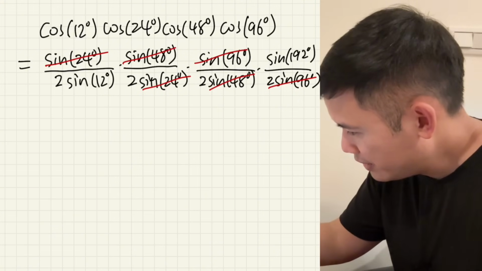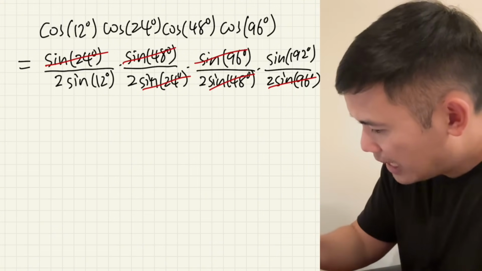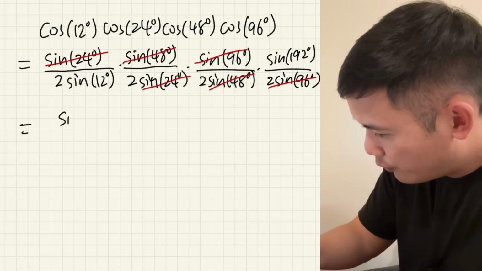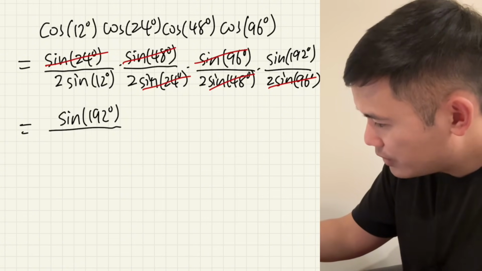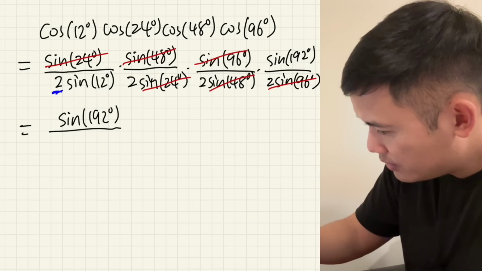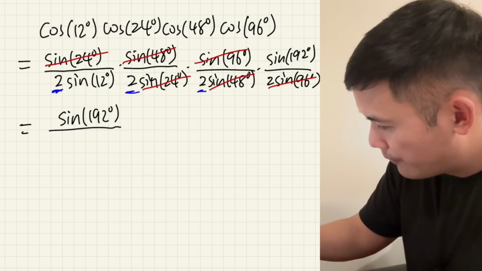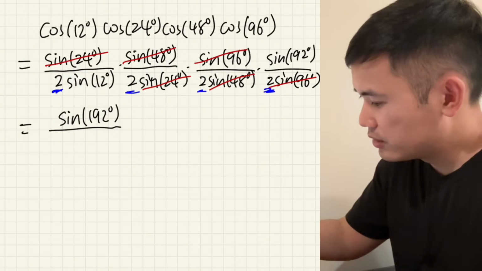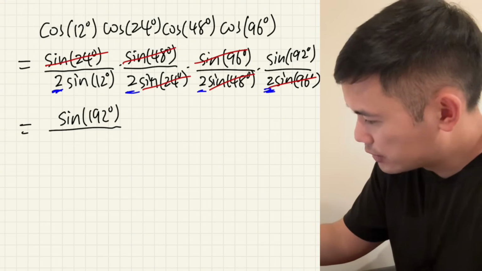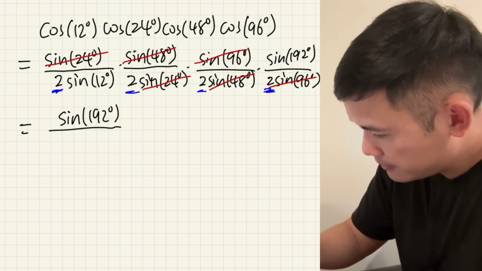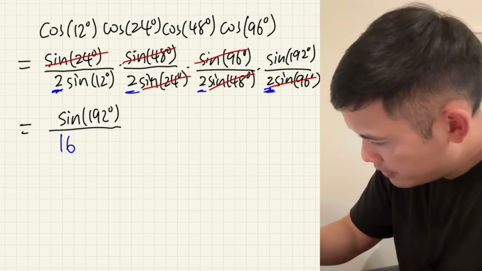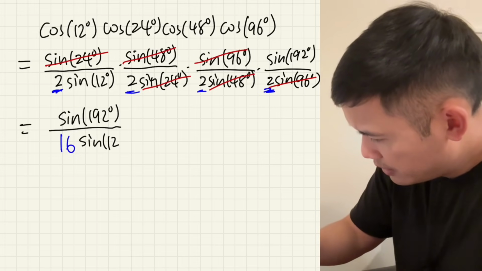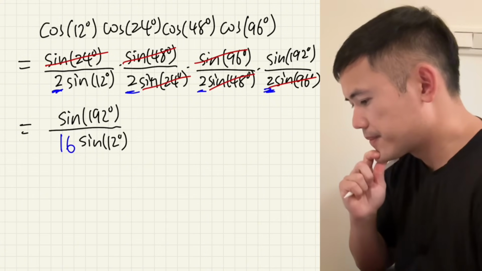But what exactly do we have now though? On the top, we have sine of 192 degrees. On the bottom, we have a total of 4 2's multiplying together, so that will be 2 to the 4th power, and that will give us 16. And then we have sine of 12 degrees.